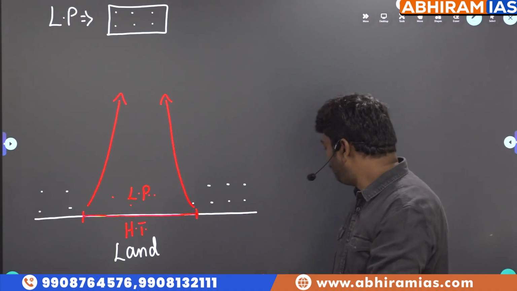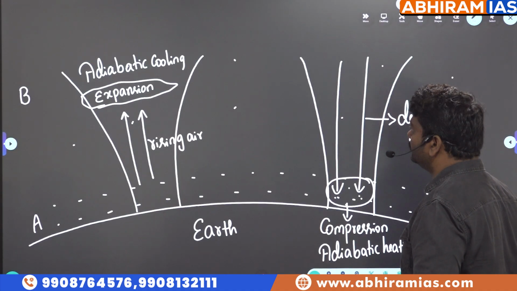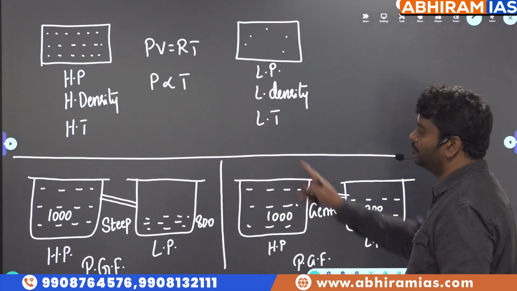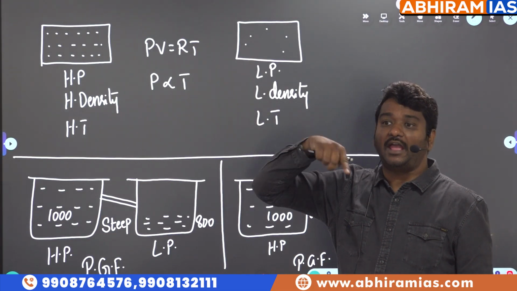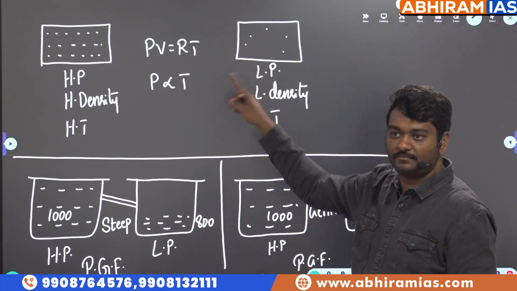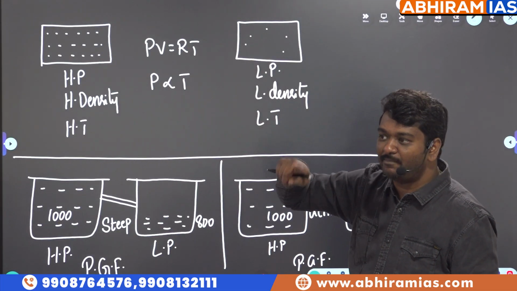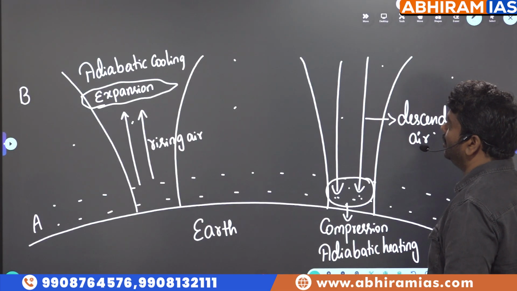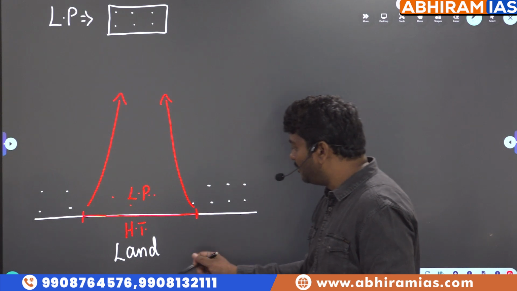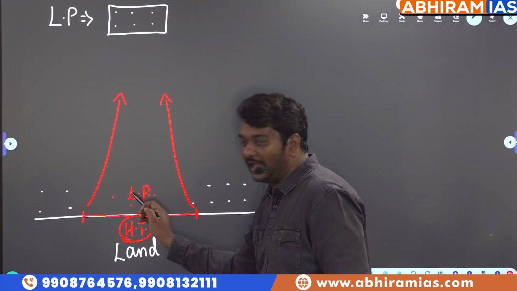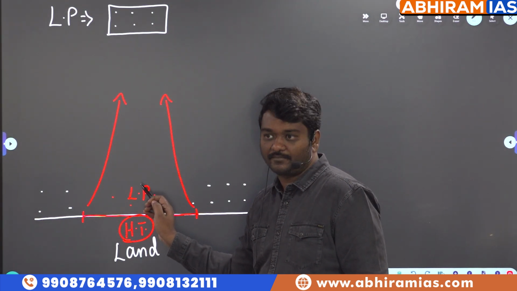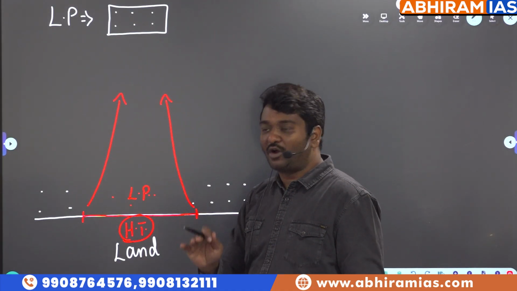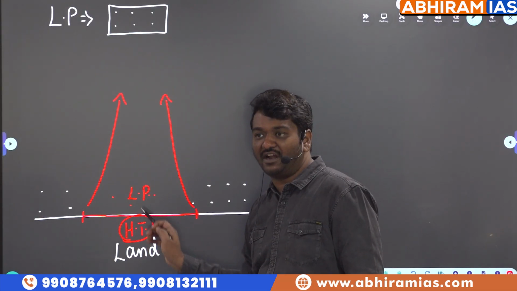Last time I gave you PV = RT. That is air temperature, air pressure. Whereas here I am talking about earth temperature and air pressure. Are you getting the point? I am not talking about air temperature and air pressure. I am talking about earth surface temperature and air pressure.